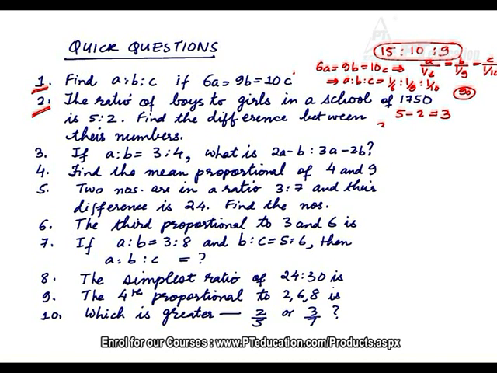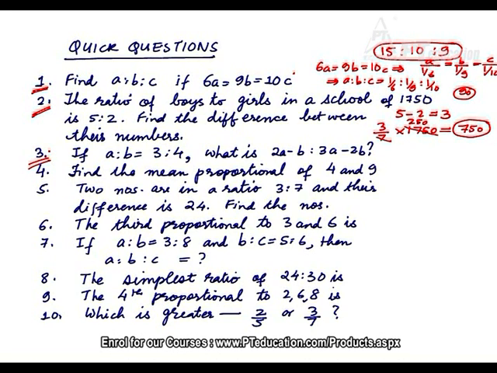So our final answer will be 3 by 7 of 1750. Now if you solve this, 3 by 7 of 1750 will directly give you 750 as the answer. How? Just solve this. This will give you 250 and 250 into 3 is 750. 750 is our answer. Question number 3.